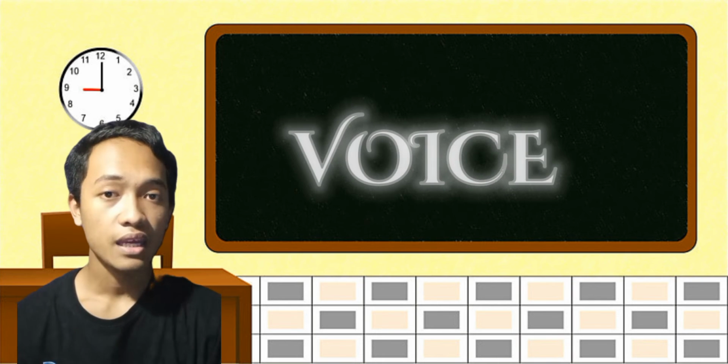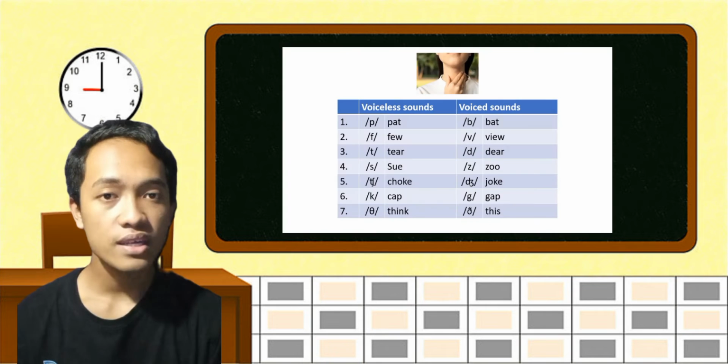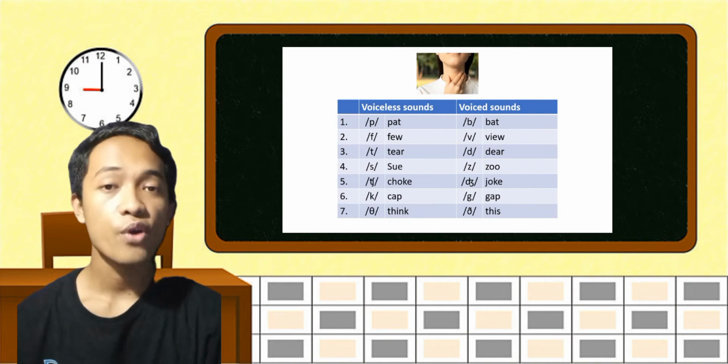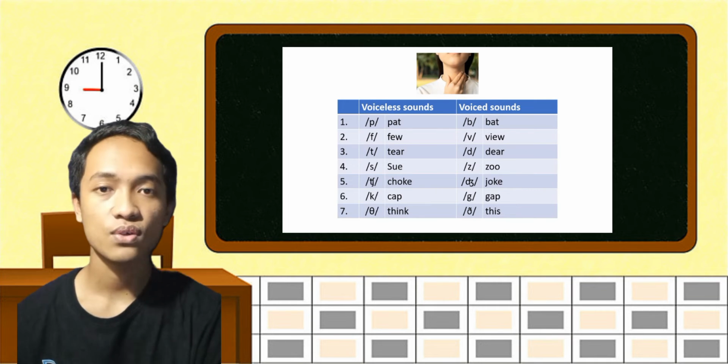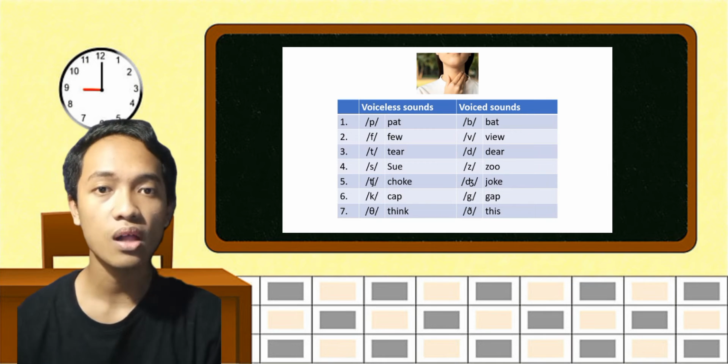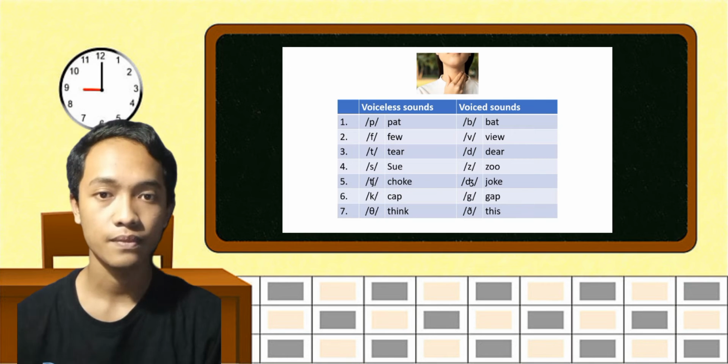It is voice. In English, we have both voiced and voiceless sounds, or we usually call them voiced and voiceless consonants. A sound fits into one of these categories according to how the vocal folds behave when the speech sound is produced.